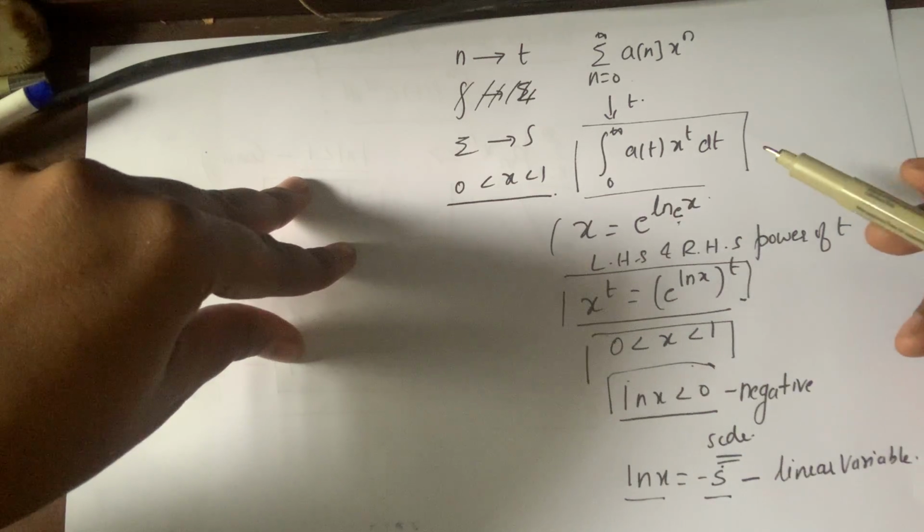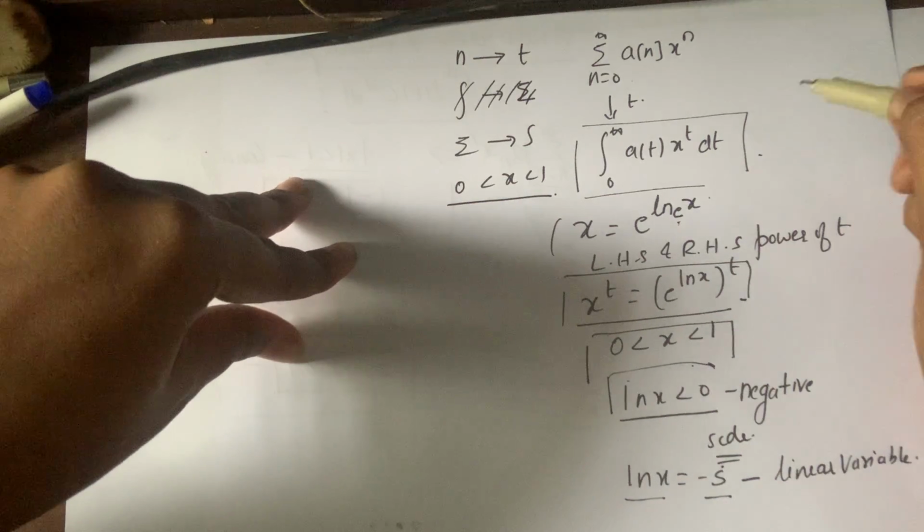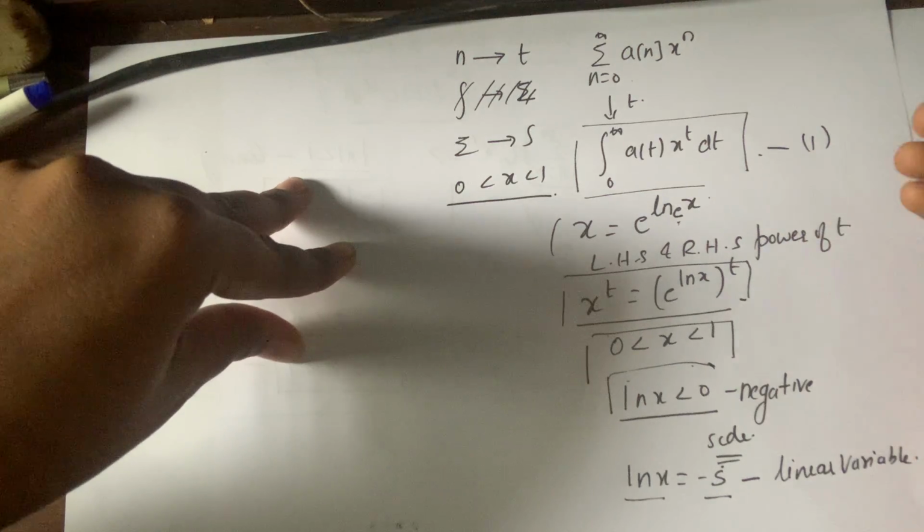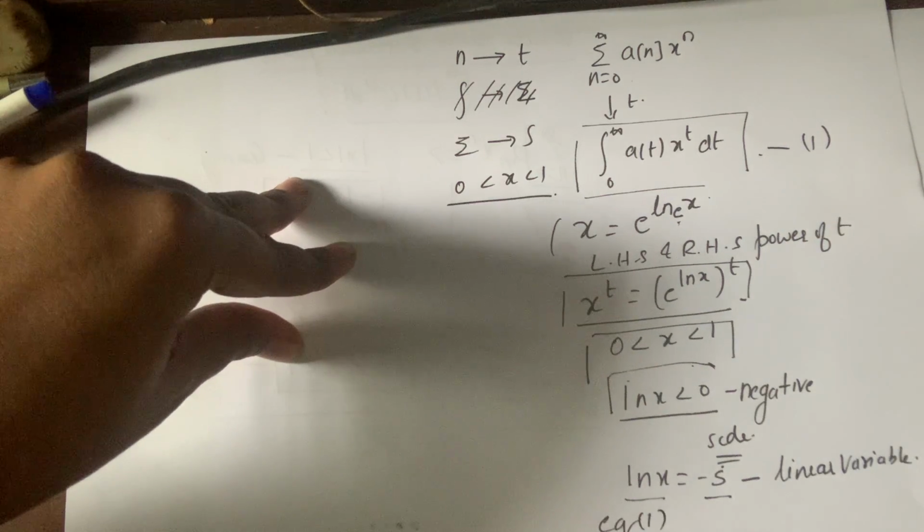So now this equation 1 can be rewritten as the integral from 0 to infinity of a of t e to the power of minus st dt, right?